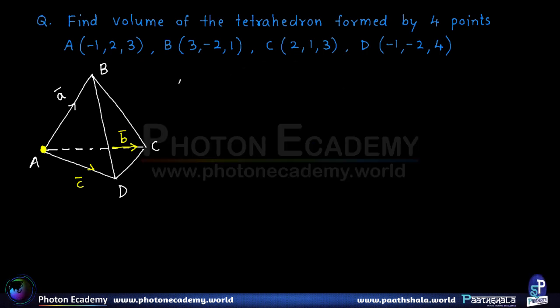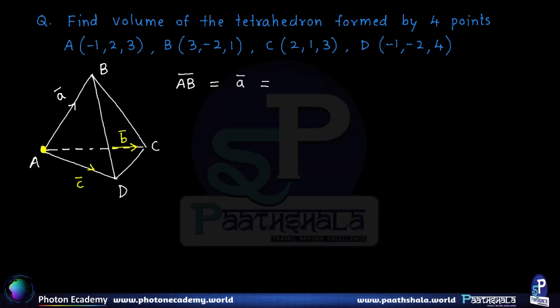So we have AB bar, which as per our convention only in this problem is what we are denoting as A bar. So we'll be subtracting the respective coordinates. Right? So we get 4i minus 4j minus 2k. Similarly, let us calculate the second vector, that is AC bar.